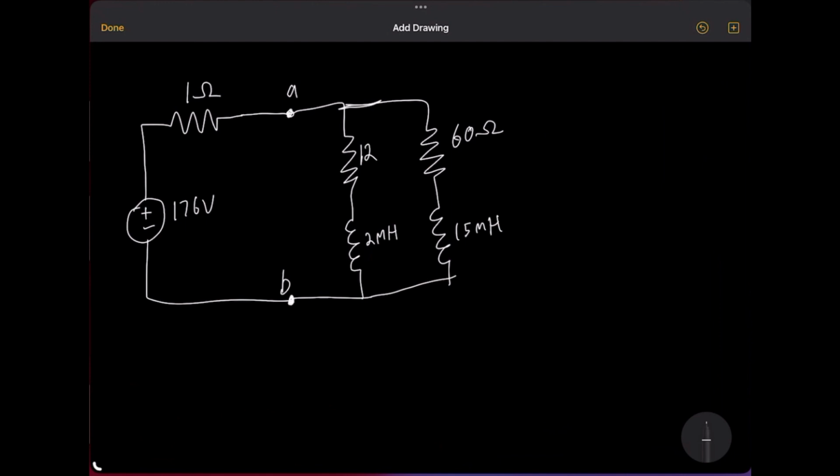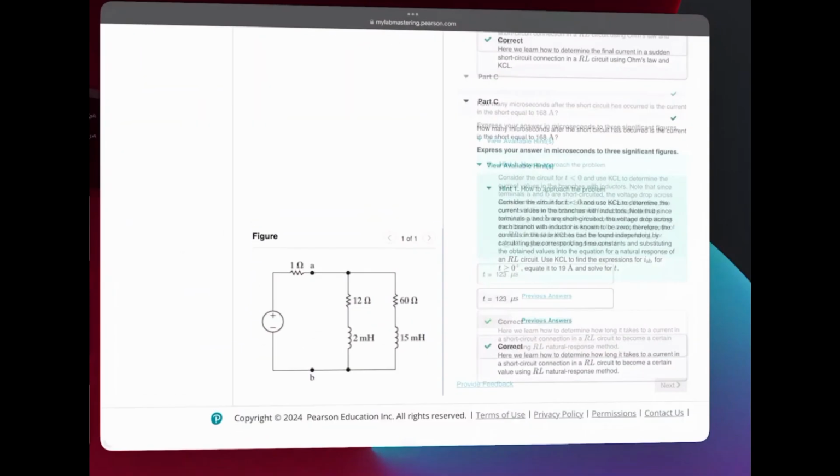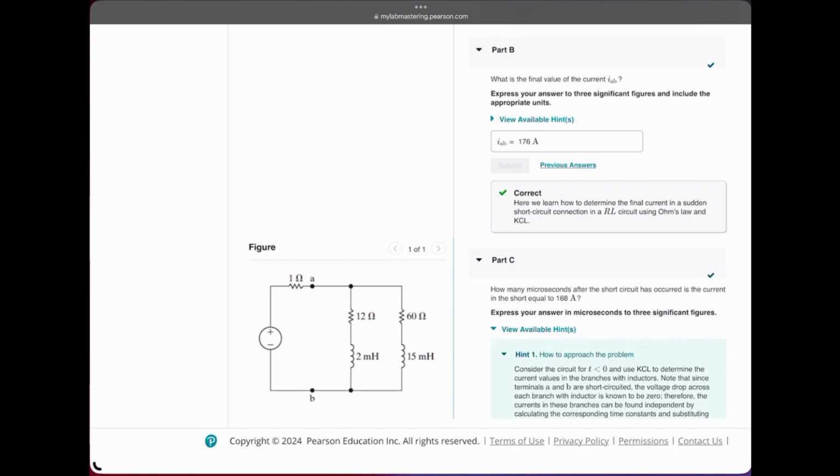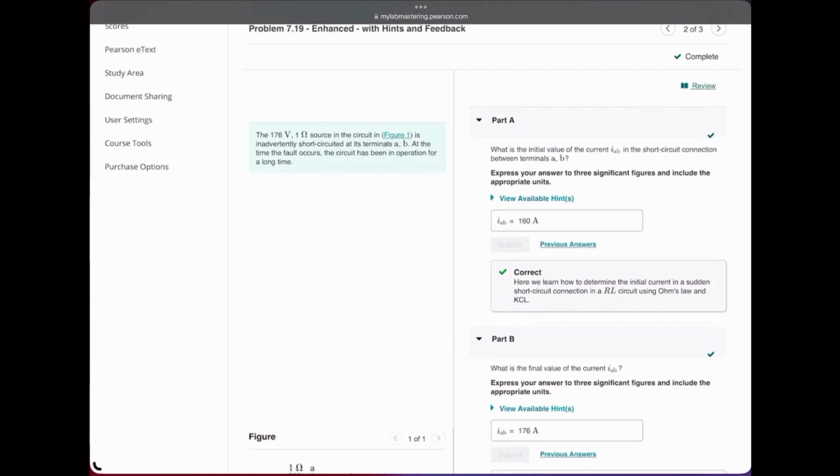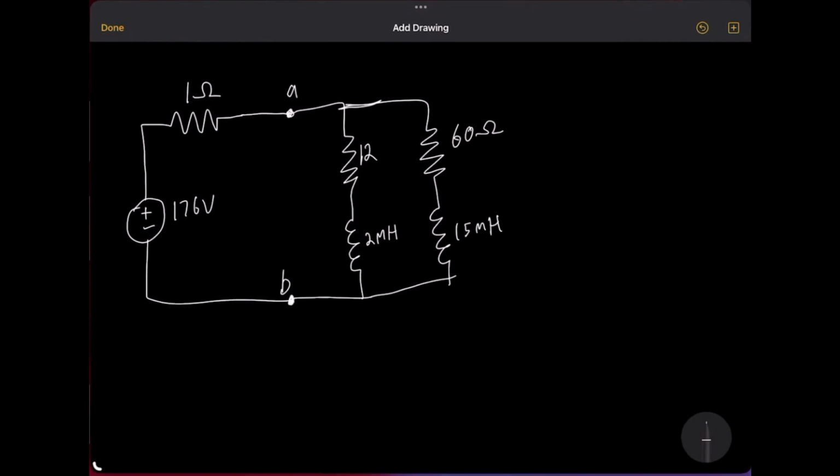We need to figure out what is the equivalent current from A to B. So from A to B, we need to find the values from A to B after it is short-circuited. And this is going to be right after.